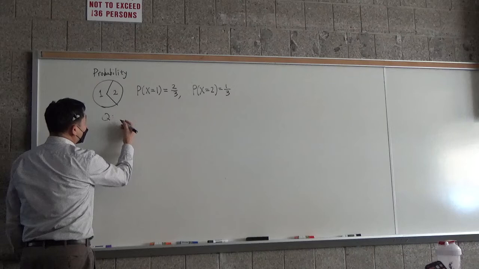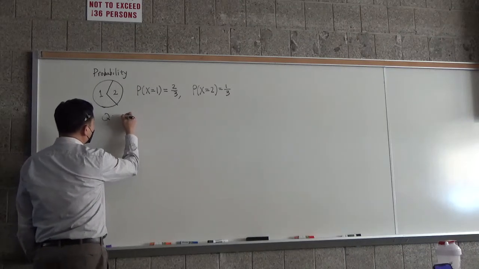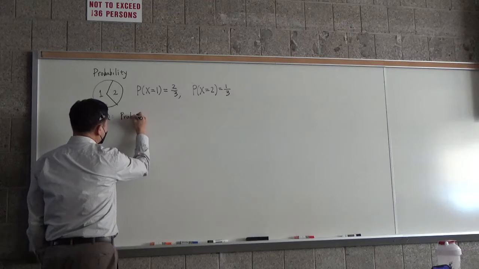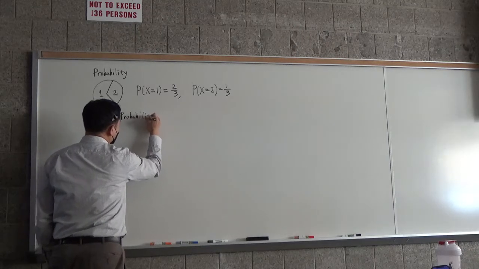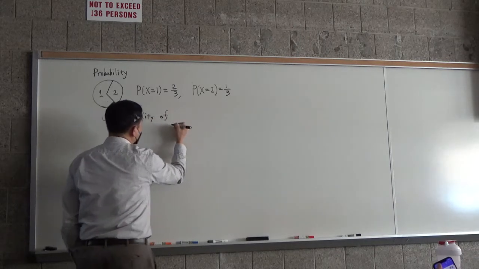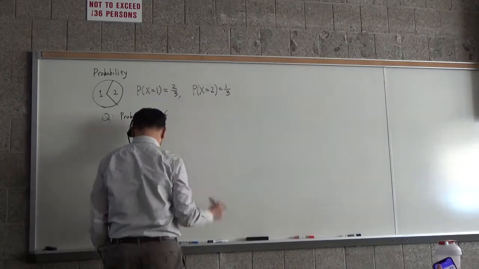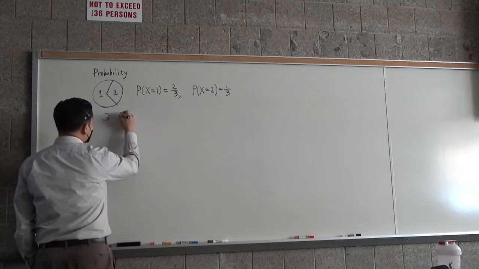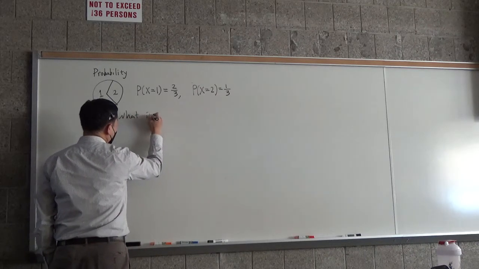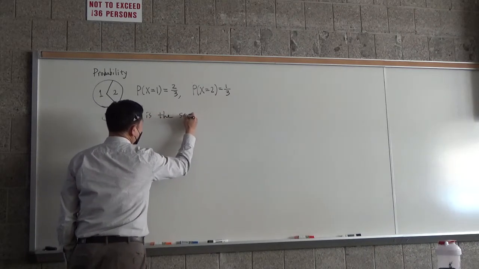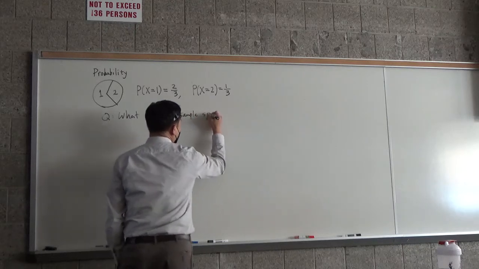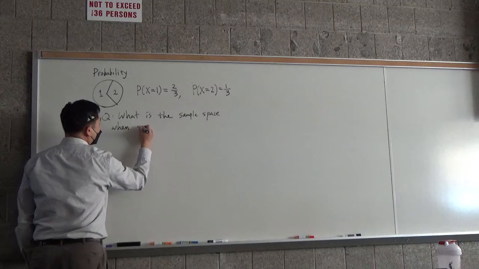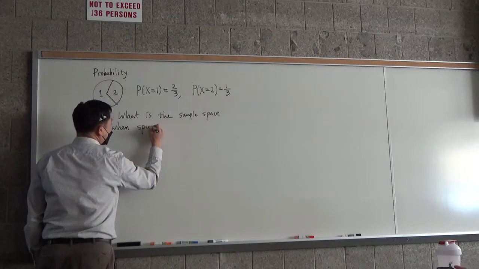So the first question is, what is the sample space when spun twice?